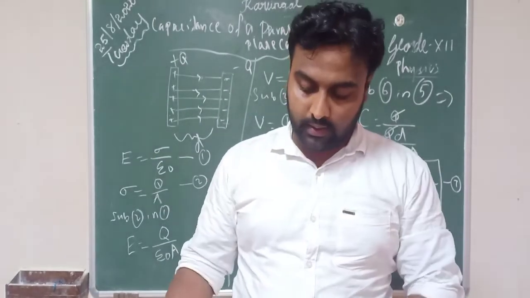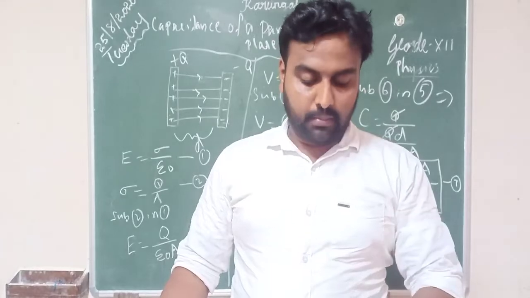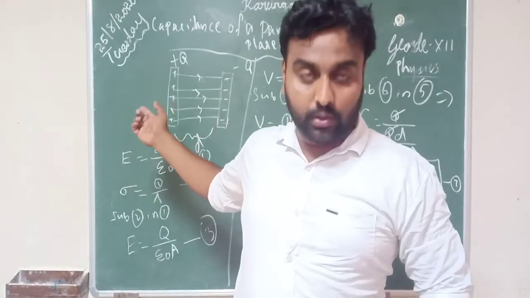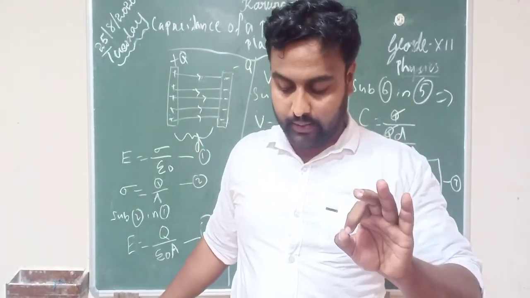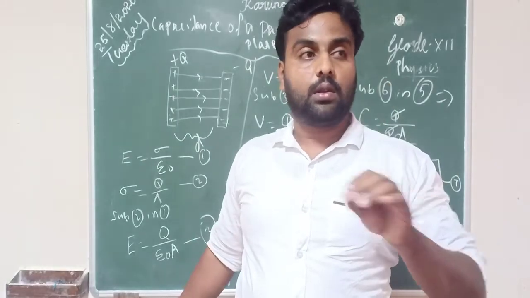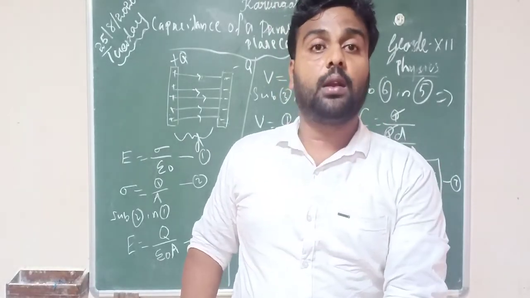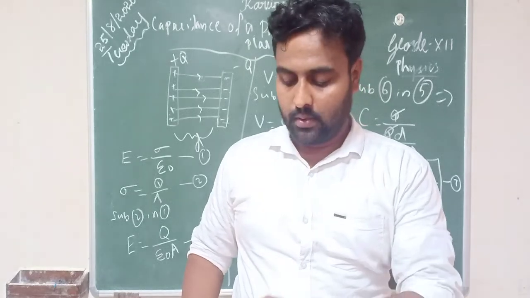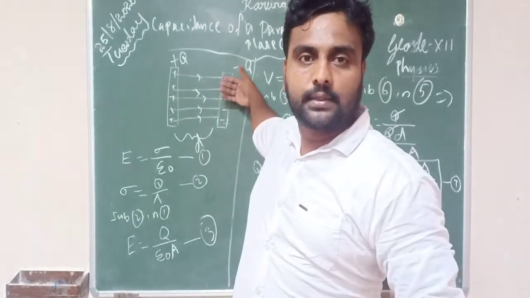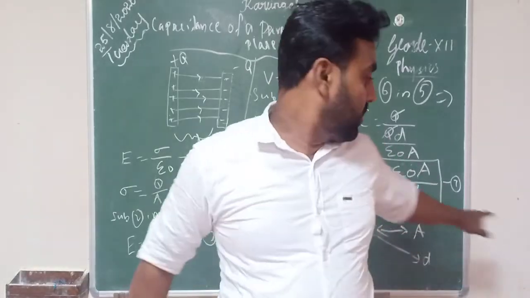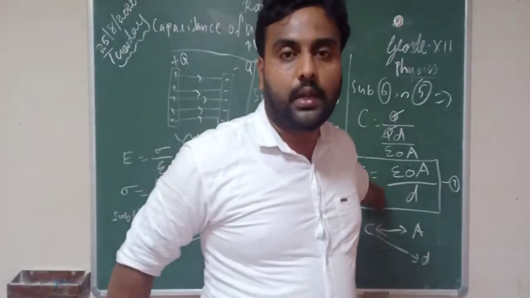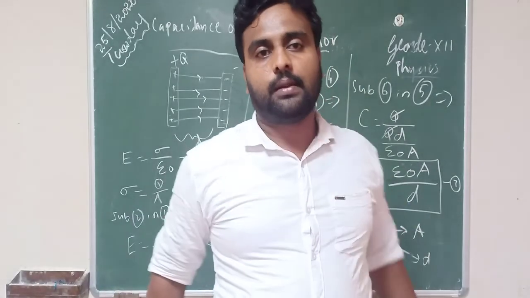You can mark it out from page number 54: capacitance of a parallel plate capacitor. Also, all of you work out the example problem, Example 1.20, based on this formula: C is equal to epsilon 0 A by D.